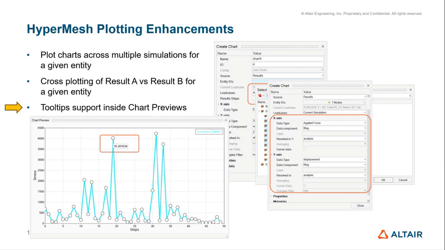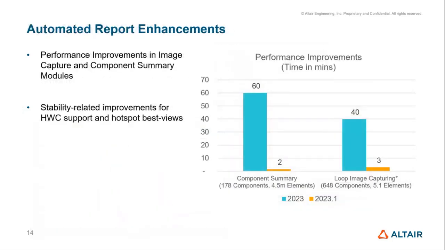Now let's move on to the other updates. On the reporting side, we spent some time mainly on stability related improvements, and also performance improvements. One of the cases that I would like to bring up here: there used to be an issue with the component summary module.